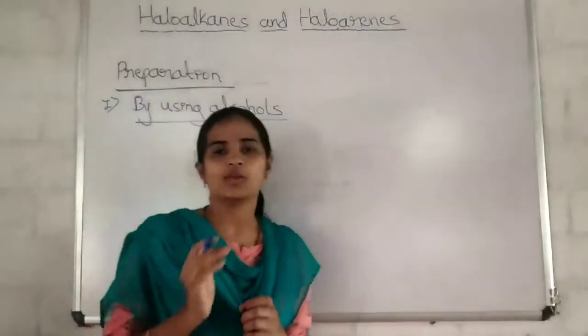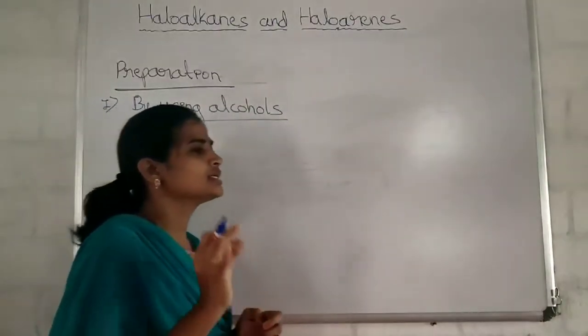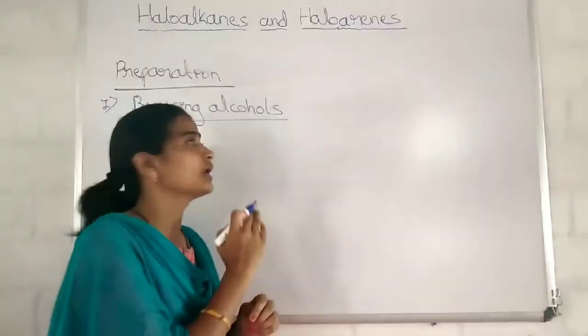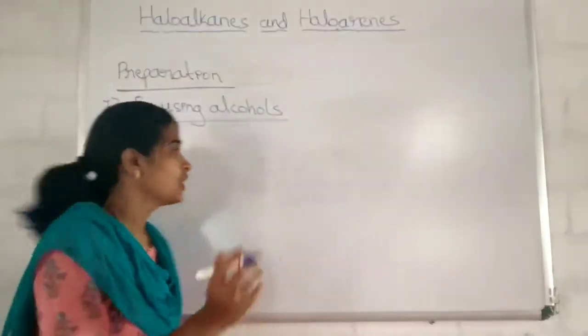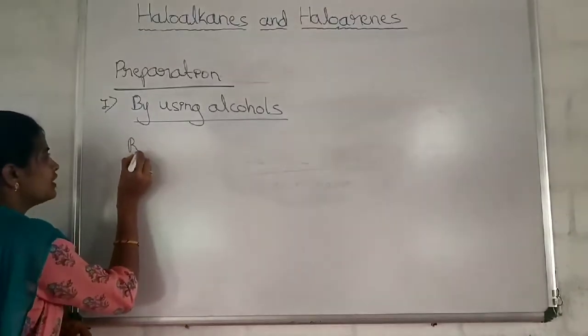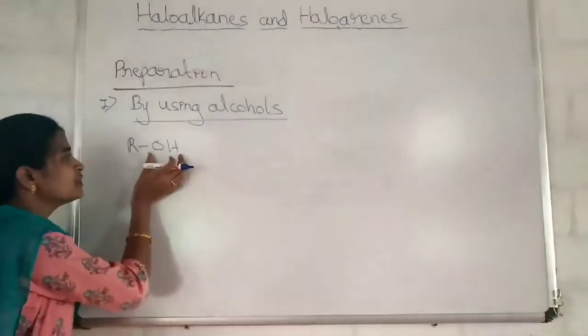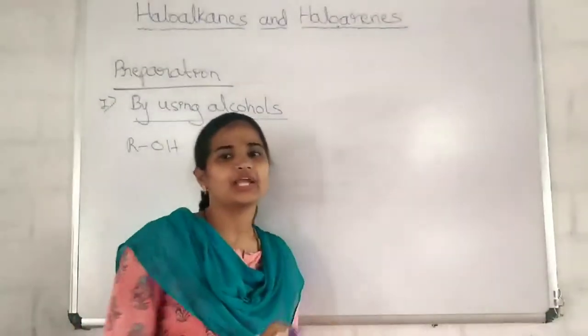By using alcohols, the preparation of haloalkanes is the best method, because ROH is the general formula of the alcohol. This hydroxyl group can be easily replaced by the halide group, isn't it?